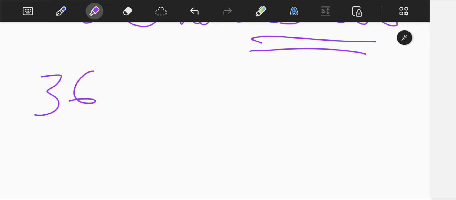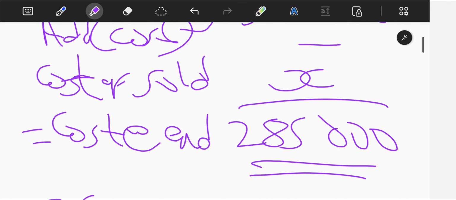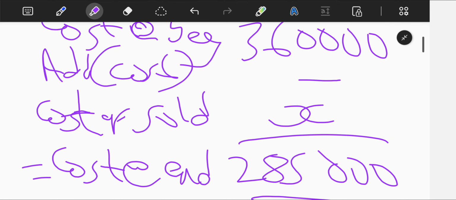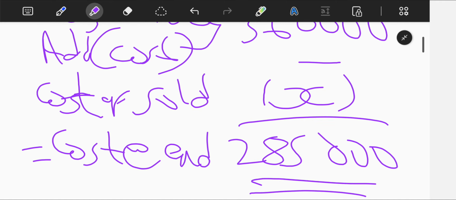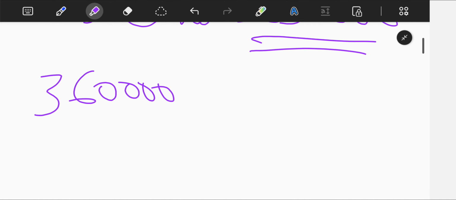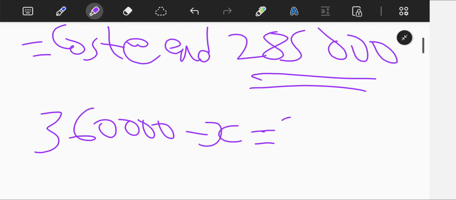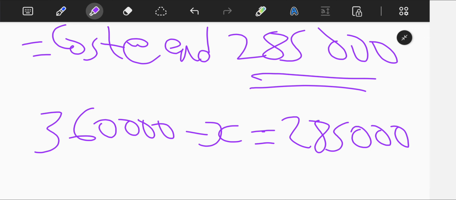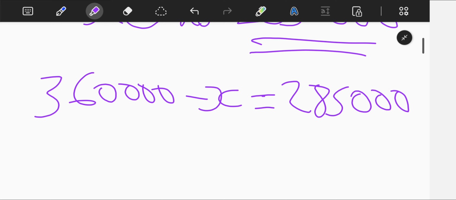360,000 minus x. Remember this one, we are subtracting it because it's the cost of the sold. We no longer have it in our books. Minus x is equal to 285,000. Now you solve for x.